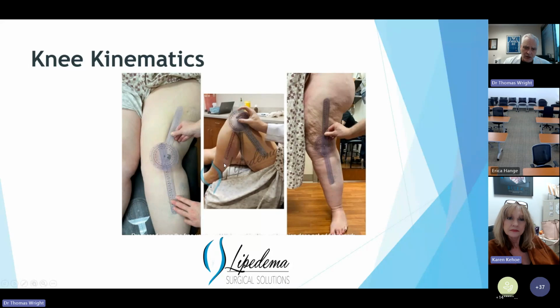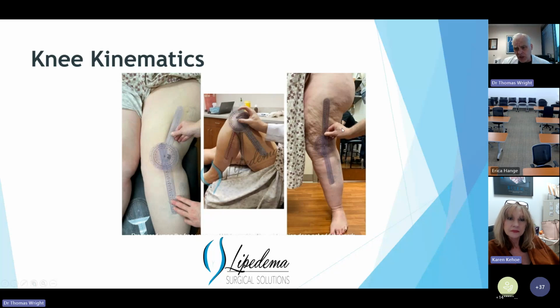We're measuring the knee flexion, and this is where she is, that's the red arrow, and the green arrow, if it comes out on yours, is where she should be. And so there's a marked limitation in her knee flexion just from the lipedema tissue. She has a relatively normal knee joint.